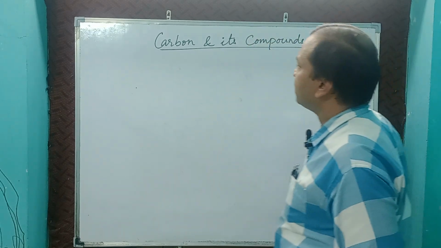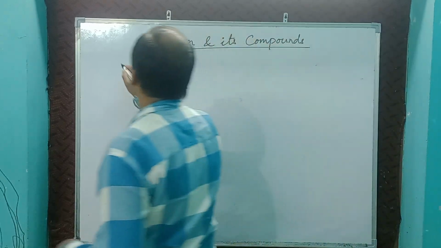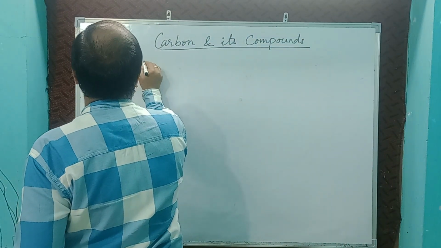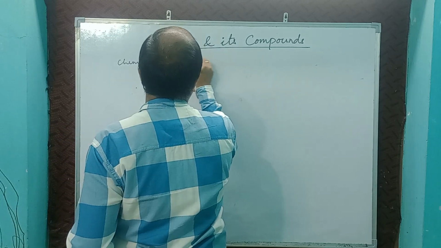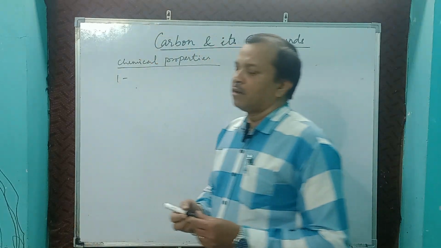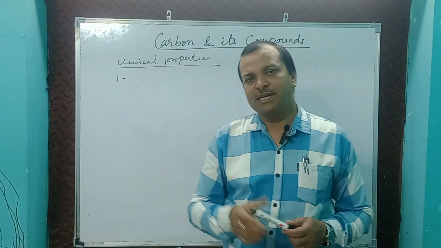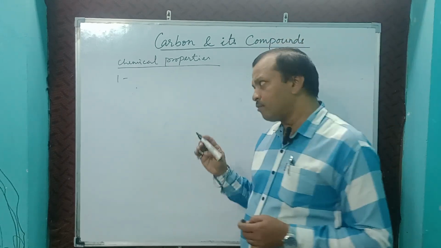Next, we will discuss some chemical properties of carbon compounds. From these chemical properties, definitely one question will come. First one is combustion.